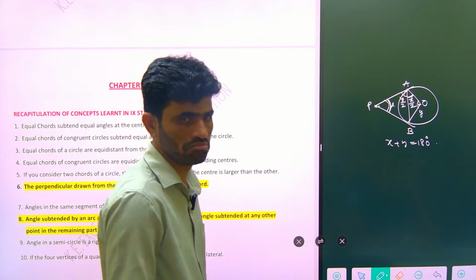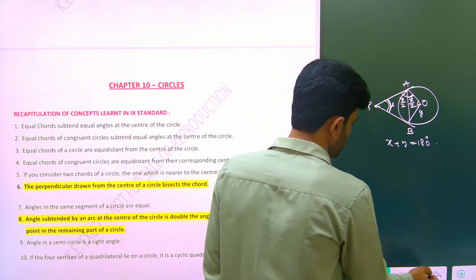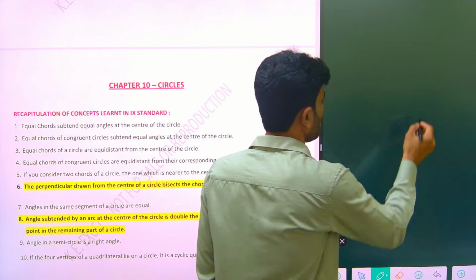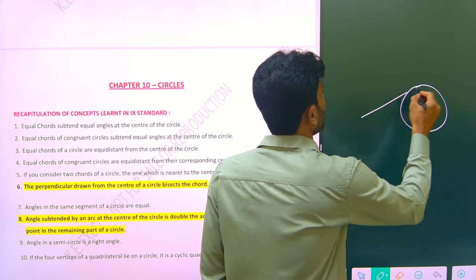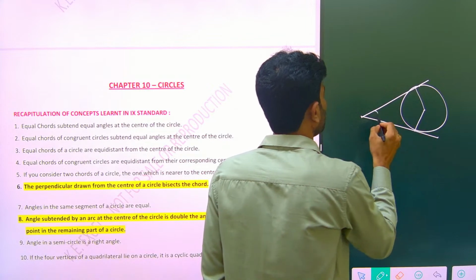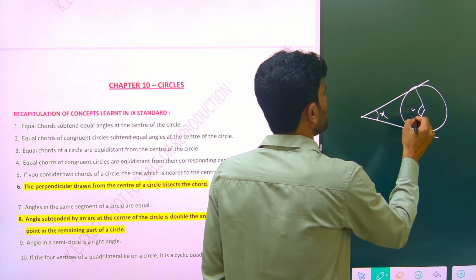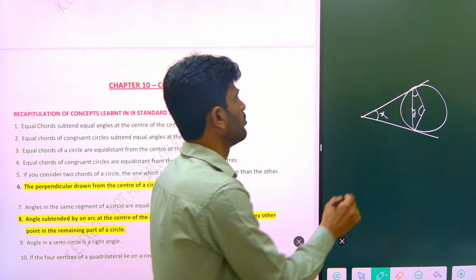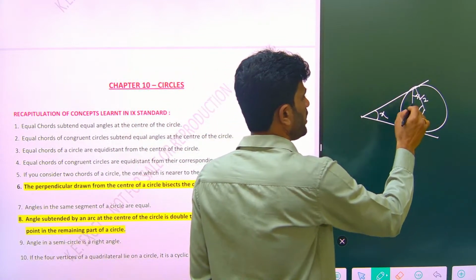Understand? This is X. What is this? X by 2. I am telling you an example.